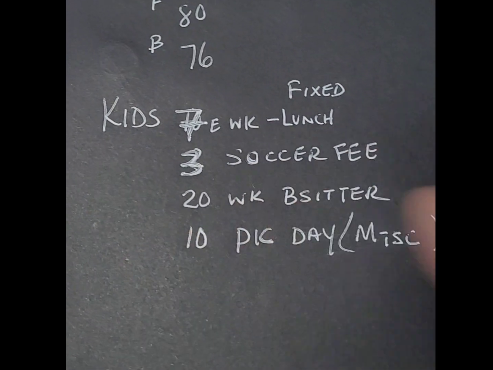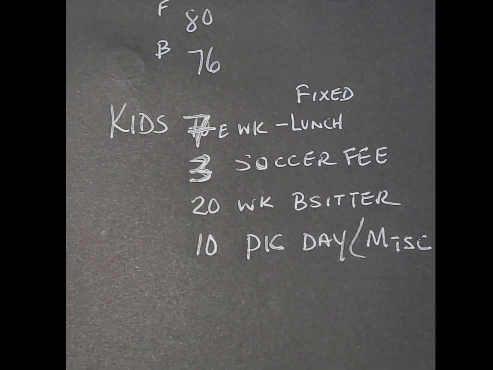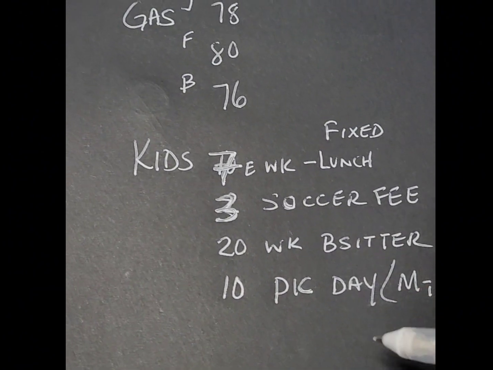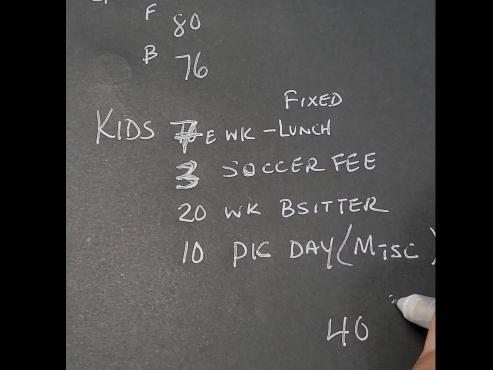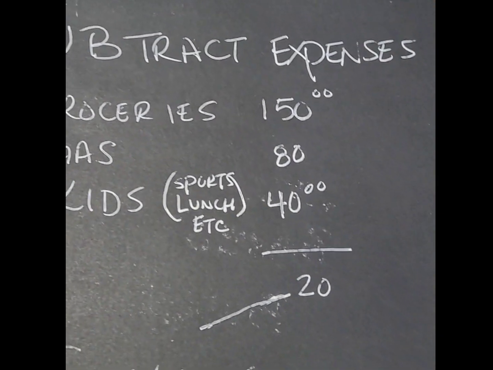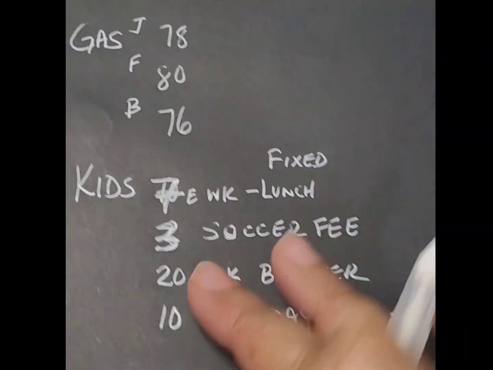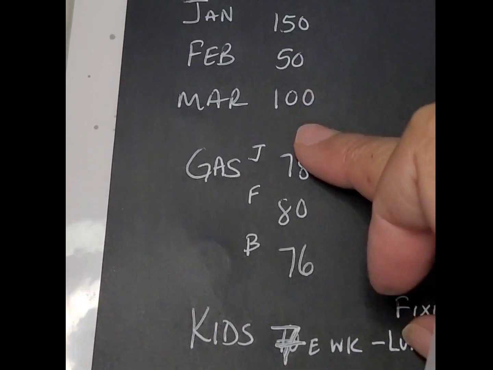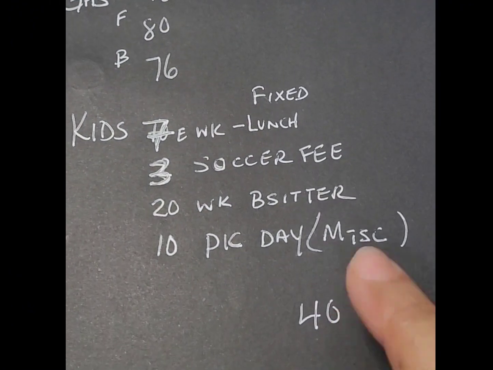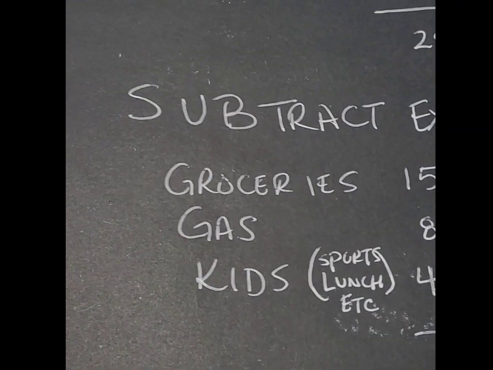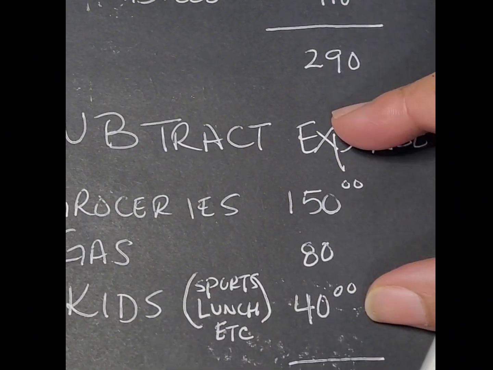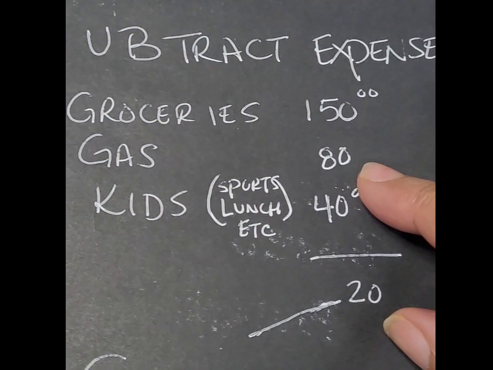So that gives you, for these three, amounts of $10, $30, $40. So that is where these amounts come from, because we're picking the higher of the months: 150, 80, and then 40 for everything that happened in that month for the kids. So we always put that in here. So those would be your expenses.